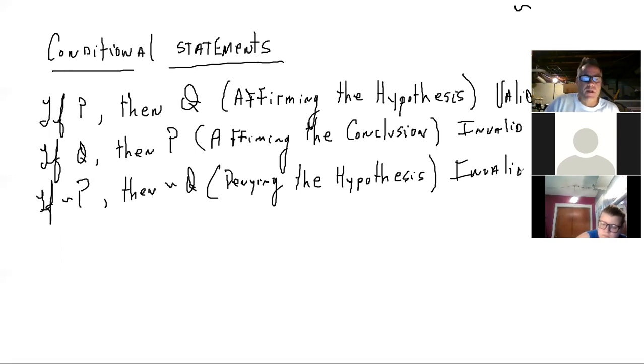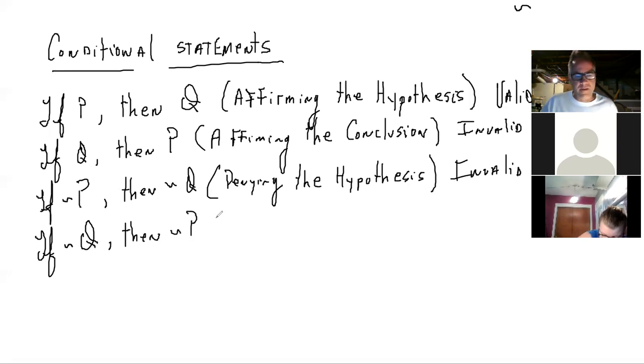But if I switch these two and say, if not Q, then not P, this is referred to as denying the conclusion.